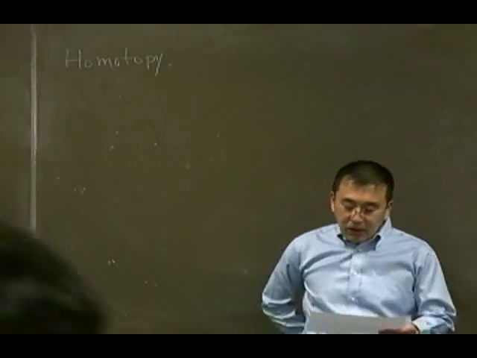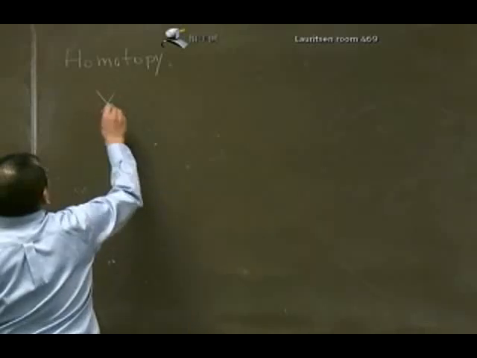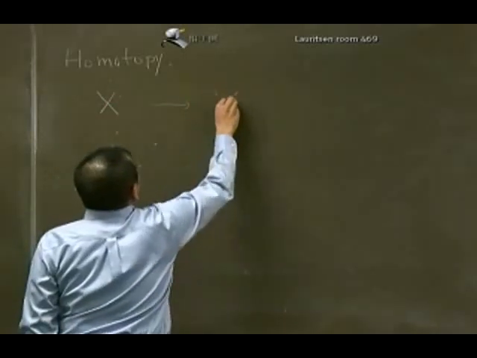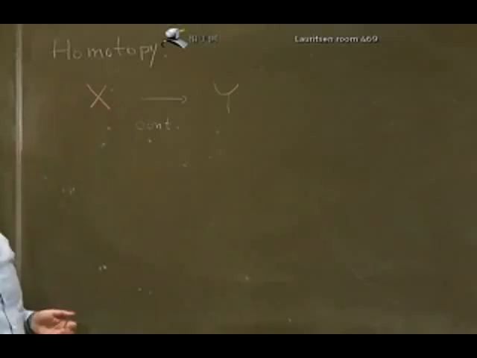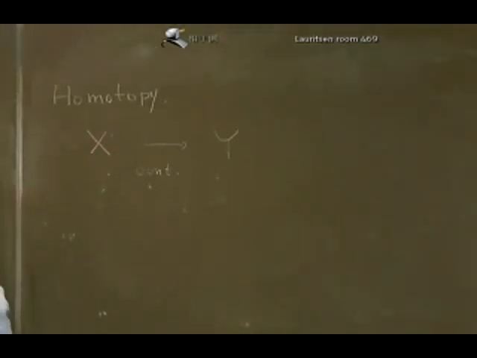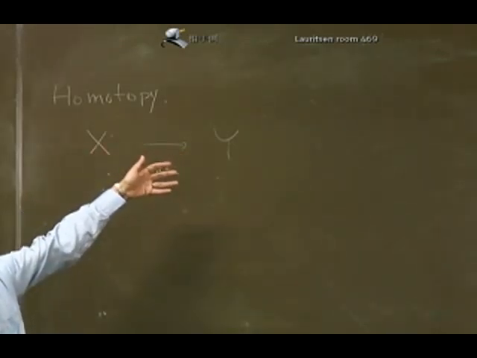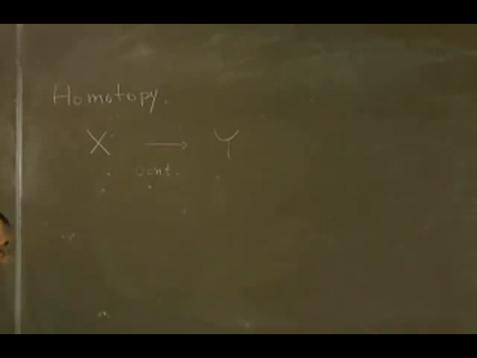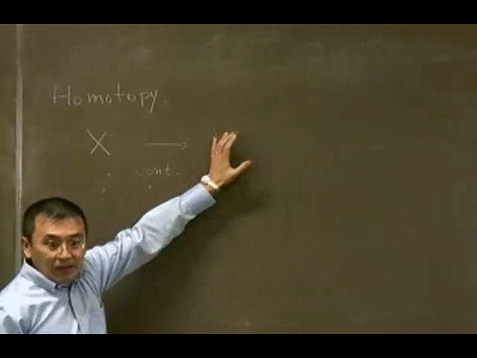Suppose we have two topological spaces X and Y, and two continuous maps from X to Y. We say that two such maps are homotopic if one can continuously deform one of the maps to the other one. And we can use this kind of idea to classify the space Y.